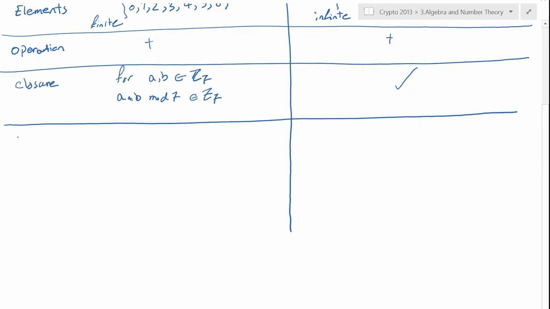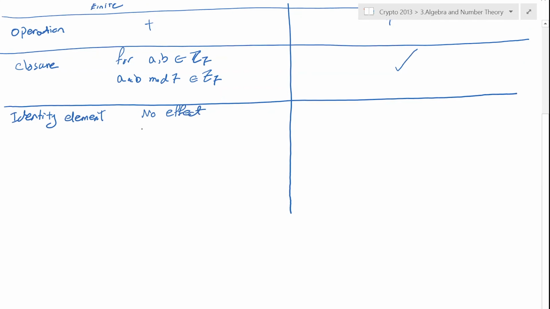And then there is another property that is very important, and that is something called the identity element. What is that identity element? An identity element is an element that has no effect. What does that mean?